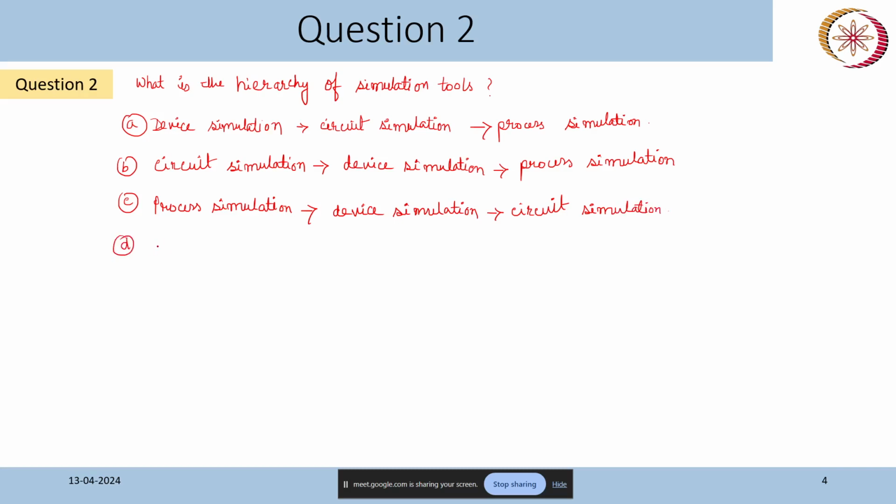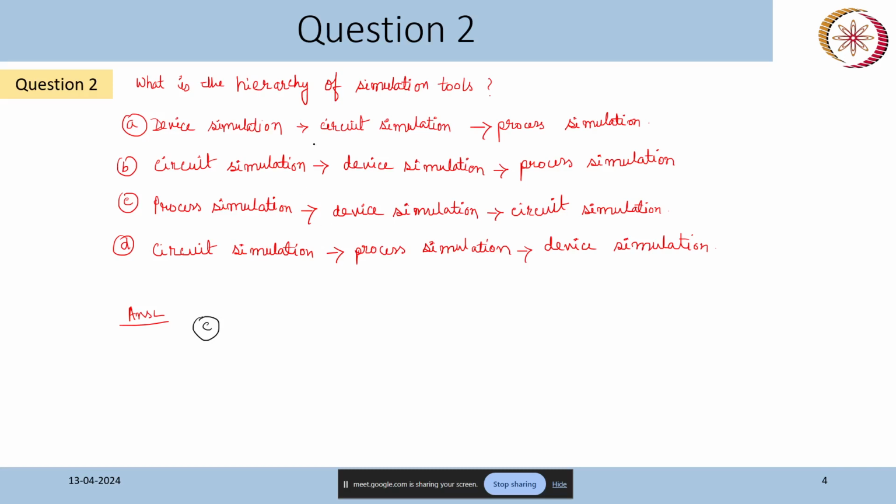Option D is circuit simulation, next is process simulation, third device simulation. Okay. So what will be the answer for this question? The answer is option C.